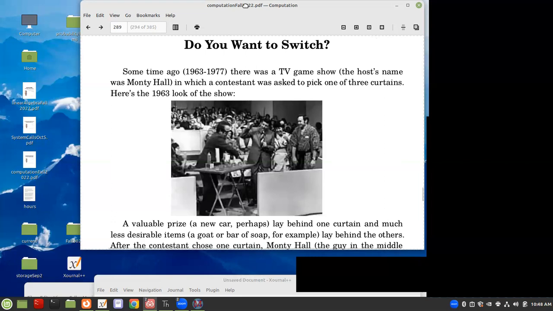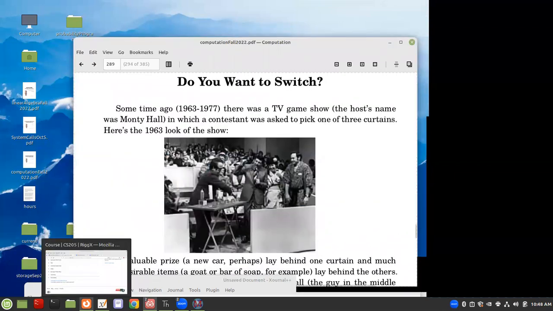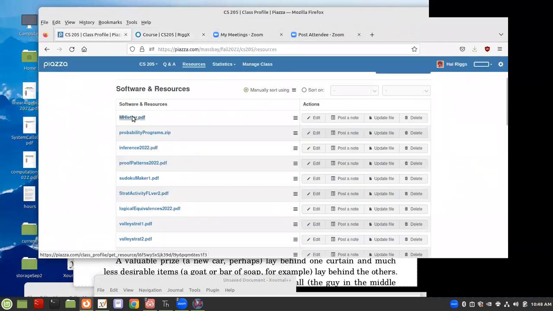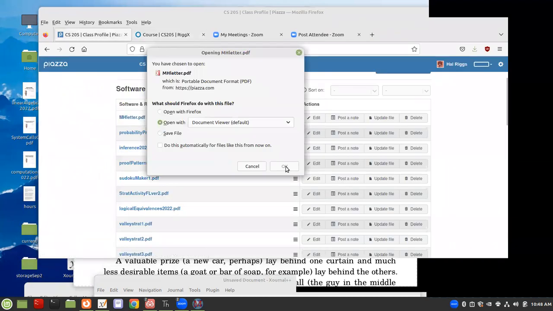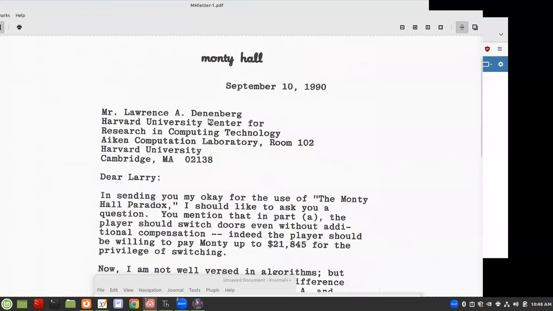We're almost out of time, but let me just comment on this. There's a letter here that was written from Monty Hall to Lawrence Dennenberg, who is actually now the dean of the computer science department at Harvard University, and he teaches discrete math, which is the version of this course.